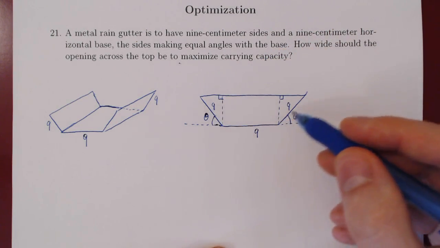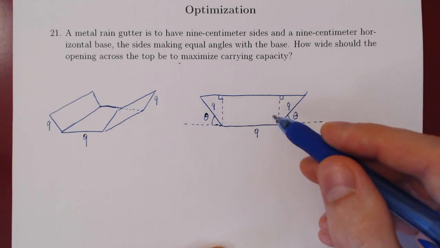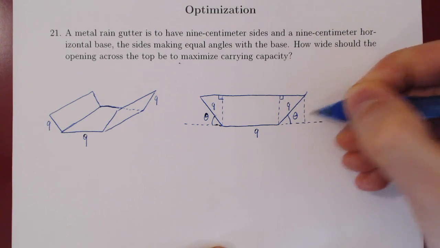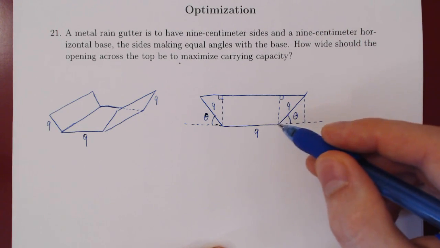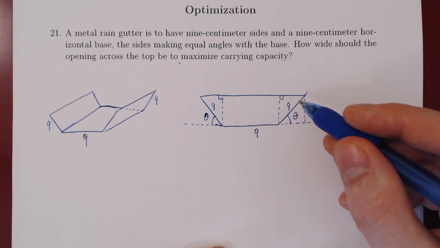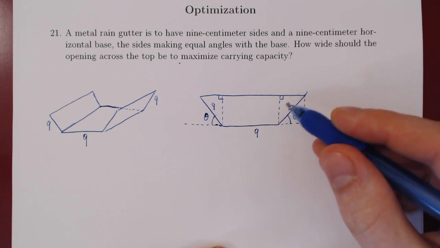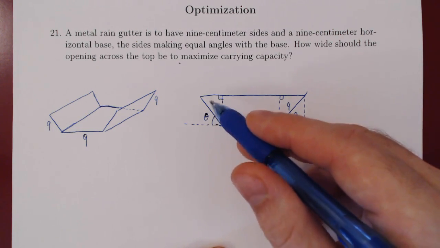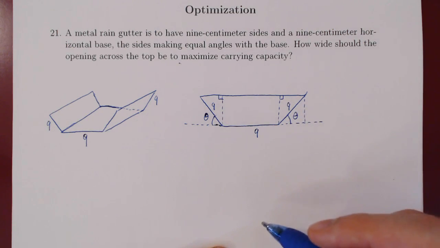The area of the trapezoid will be the area of this triangle plus the area of this rectangle plus the area of this triangle. But if you notice, these triangles are equal. They have the same hypotenuse, the same length of the base, and because this angle equals this one, then this one equals this one, so they're exactly equal as triangles. So the area of this triangle is the same as this one.